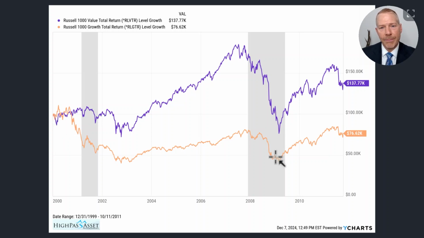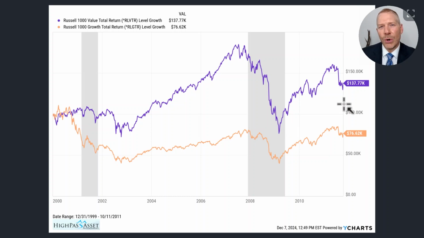And you can see that by October of 2011, the growth index was at $76,000. Over a decade of losses for growth and tech stocks. Very painful. Value stocks, on the other hand, were positive. You can see that they were up almost 40% for the same time period, $137,000 plus ending value in the index on October 11, 2011.